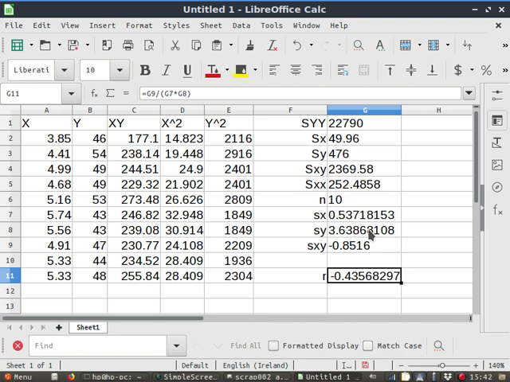So, you remember that you thought the value should be negative? It is negative here: minus 0.43. So, strong, weak? Weak. I don't know, for a biology experiment like this, I think that's pretty strong.